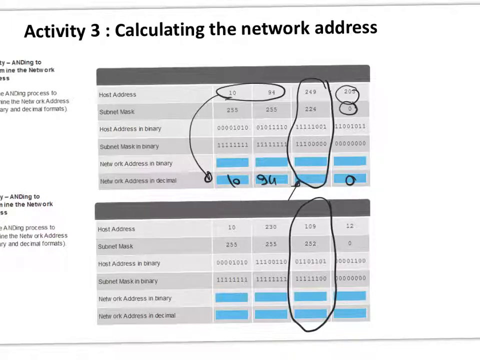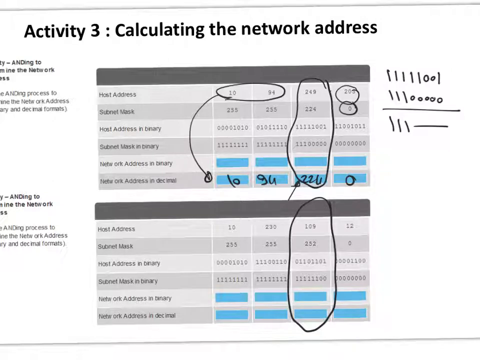So I can waste some time and say, okay, so 249 is 248 plus 1, so it's 1 1 1 1 1 0 0 1, right? And then the 224 is 1 1 1 0 0 0 0 0, and then I end this. 1 1 1 and then all zeros, which is 224.